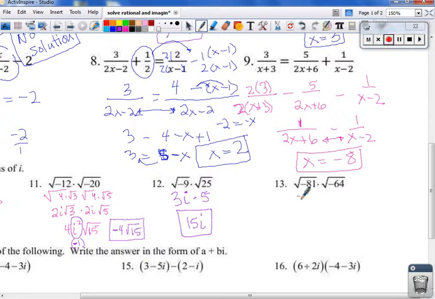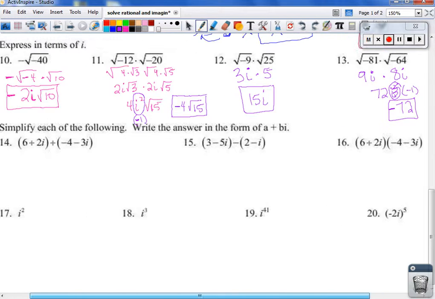Okay, here's 9i, square root of negative 81. Here is 8i, the square root of negative 64. That's 72i squared, but we never leave an i squared. We always replace it with negative 1. So our answer is negative 72, just the number negative 72. Okay, the real number negative 72.